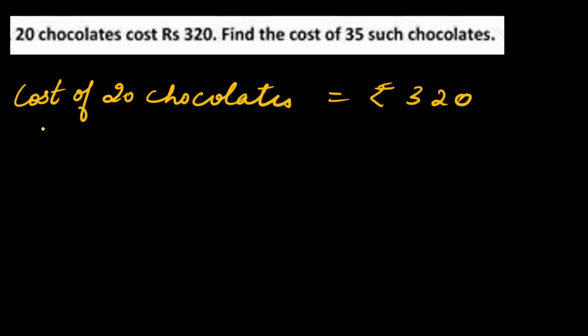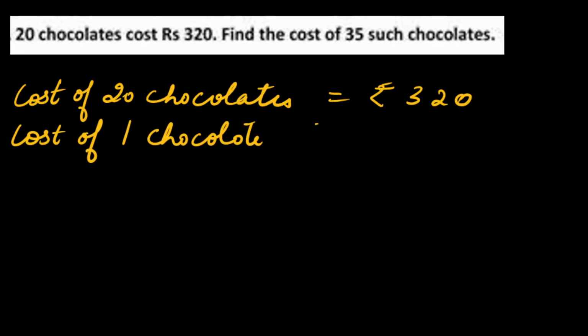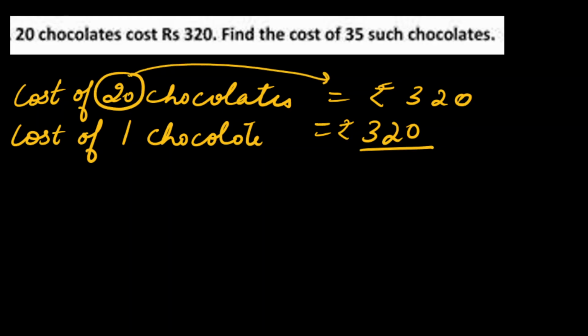So first divide, where we will find the cost of one chocolate. We'll divide 320 by 20. Basically we are shifting 20 to the other side and it gets divided. So 0 and 0 will get cancelled. 2 into 16, so we get our answer as 16. So the cost of one chocolate is 16 rupees.